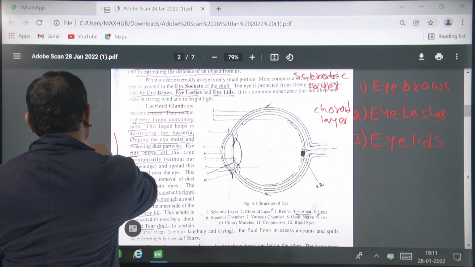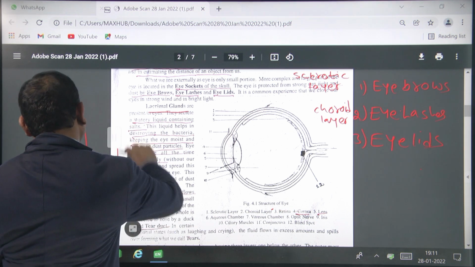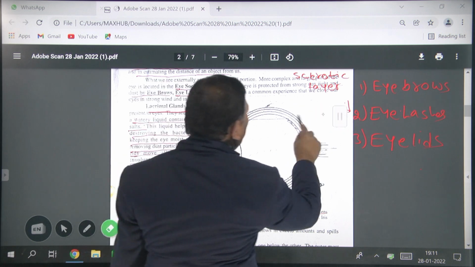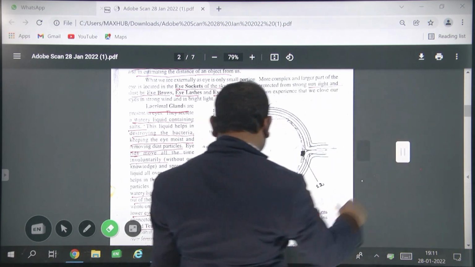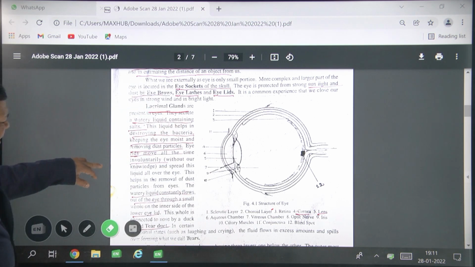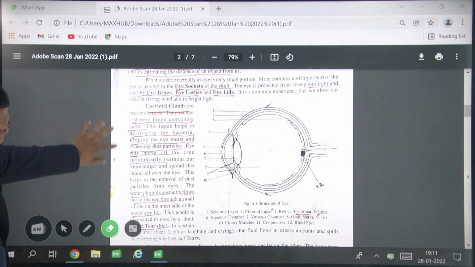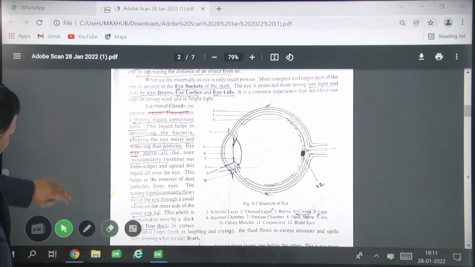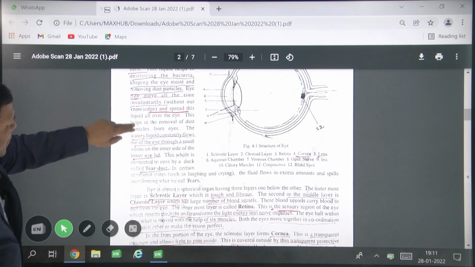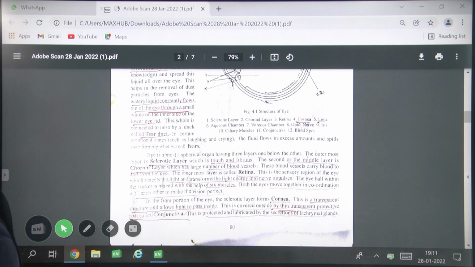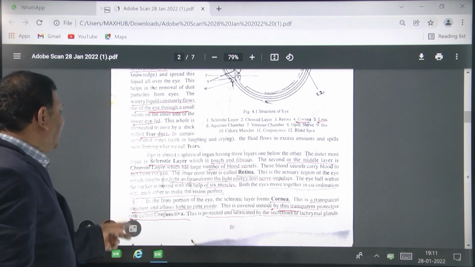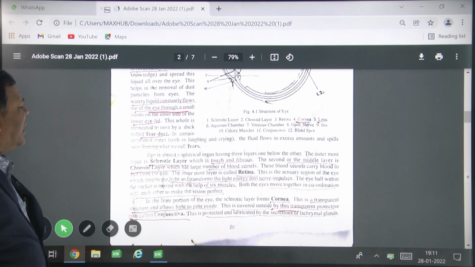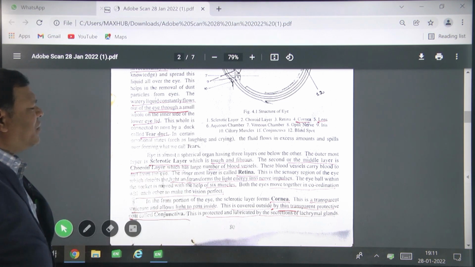So these are the three layers present in the eyes. The second layer, the middle layer, is called the choroid layer, which has a large number of blood vessels.